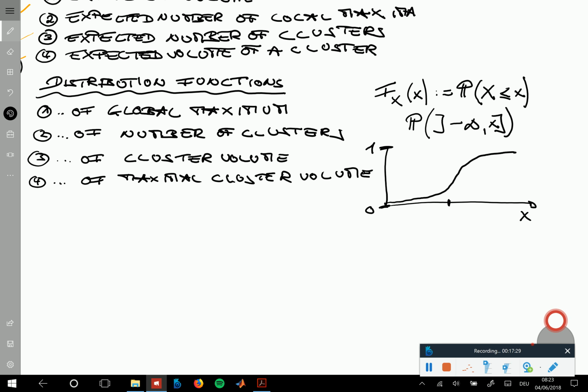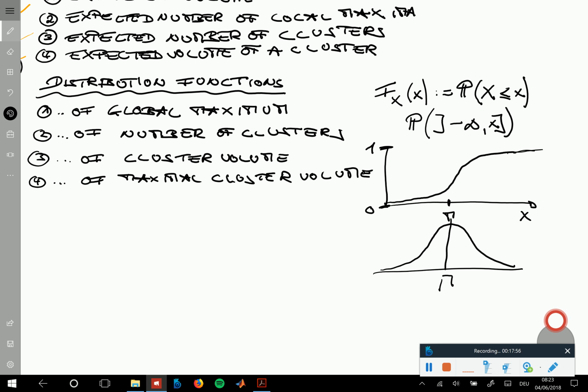So they always increase to 1. If you're at very large values, then the probability that the random variable takes a value smaller than that x is usually very large. Think about this in terms of a normal distribution with some mean mu.